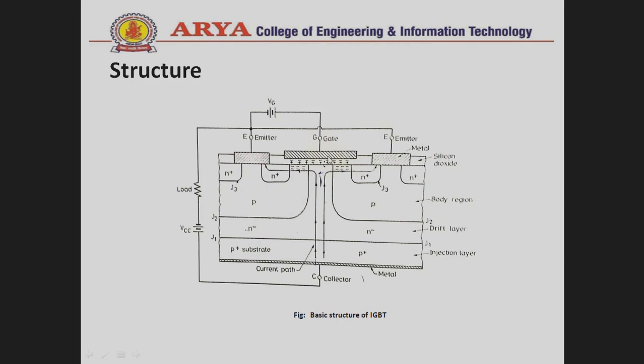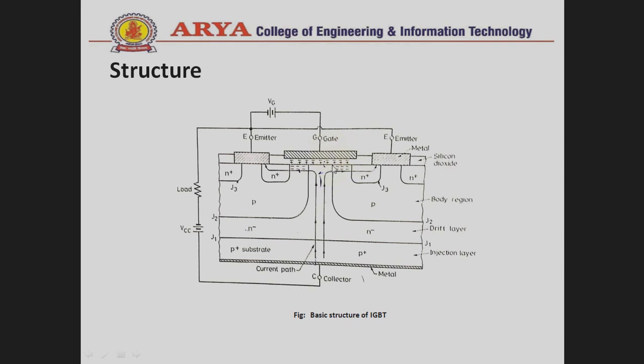This N channel short circuits the N minus region with the N plus emitter region. Electrons from the N plus emitter begin to flow to the N minus drift region through the N channel as the IGBT is forward biased, with the collector positive and the emitter negative.